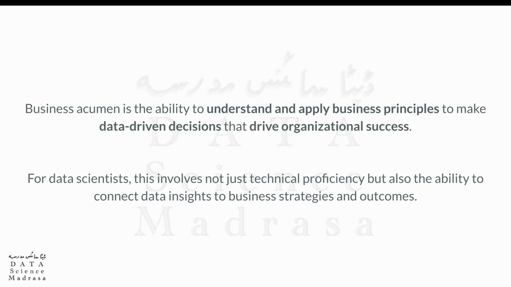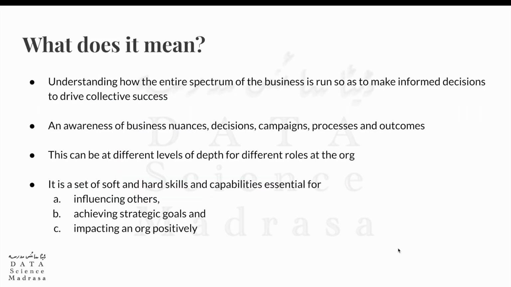More specifically for data scientists, this involves not just technical proficiency, but also the ability to connect the insights that they're extracting from the data to business outcomes and strategies and products and services. So what does this really mean?